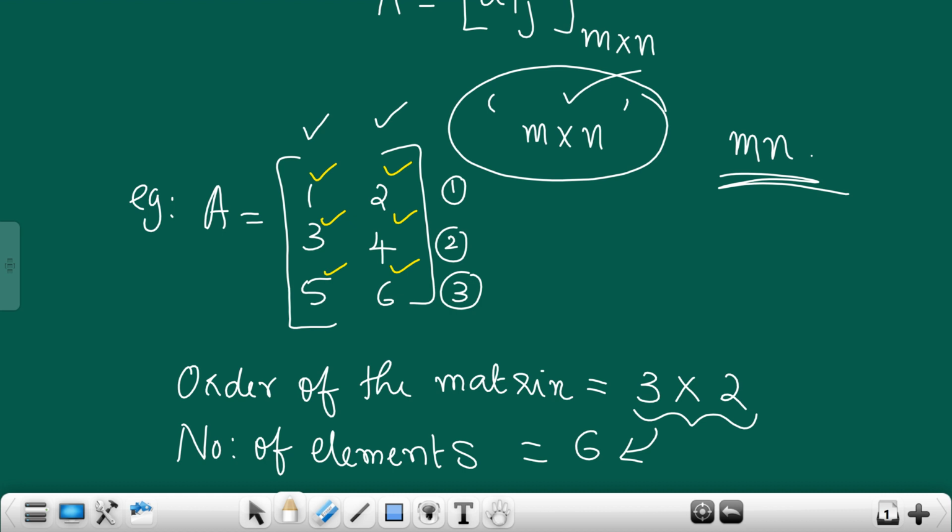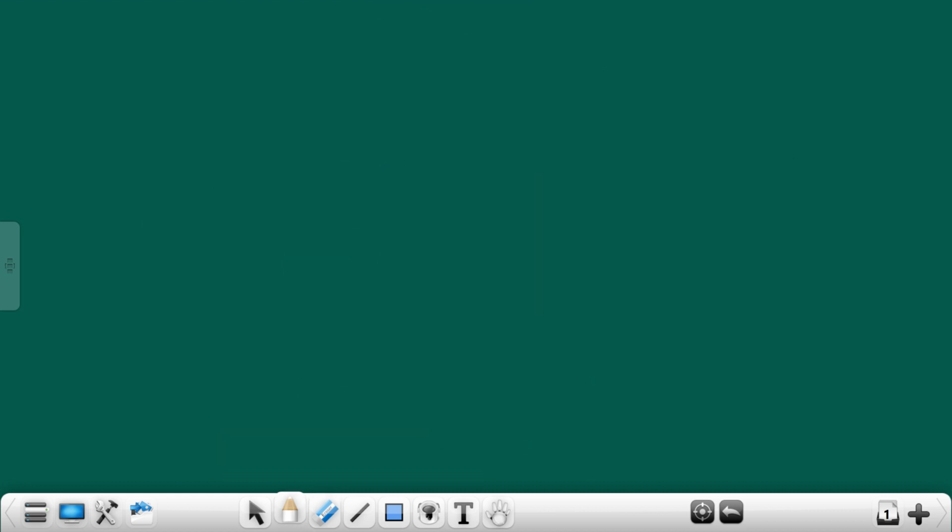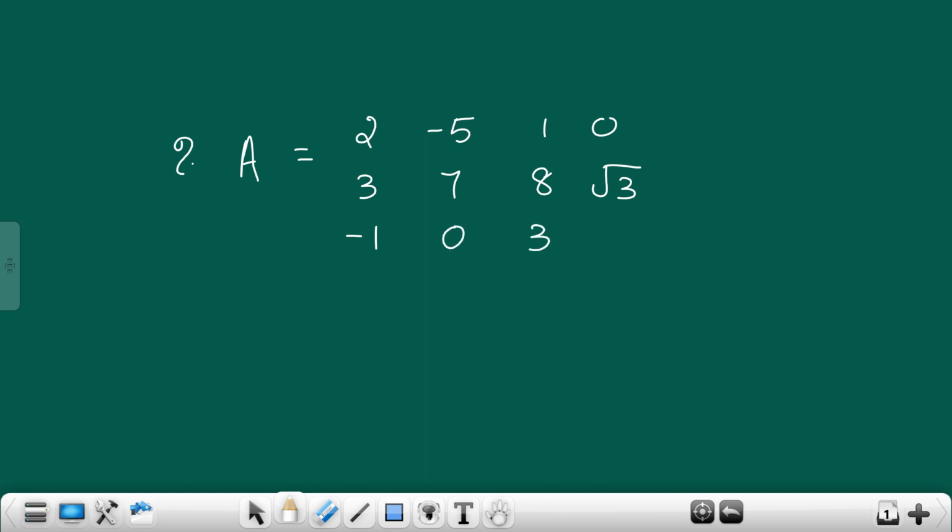Now, we move on to the problem section. In the matrix A, the first question, matrix A equal to 2, minus 5, 1, 0, 3, 7, 8, root 3, minus 1, 0, 3, 7.